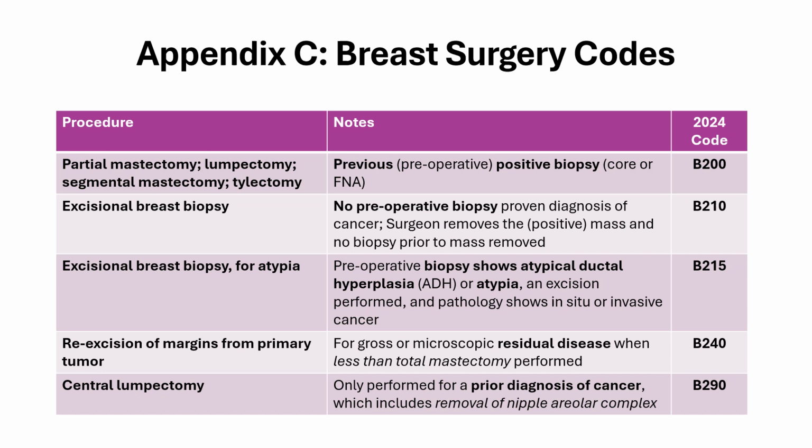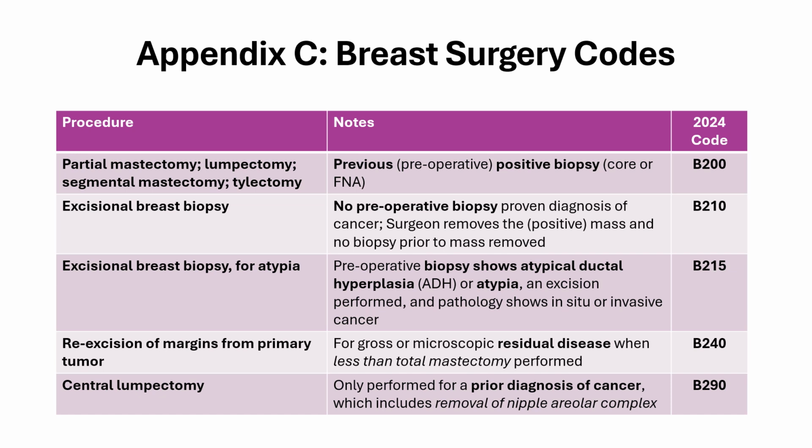So that was based on either core or FNA. For B210, the excisional breast biopsy, this is used when there's no preoperative biopsy. The patient is diagnosed based on this excisional biopsy. They remove the mass and we find that they have cancer.